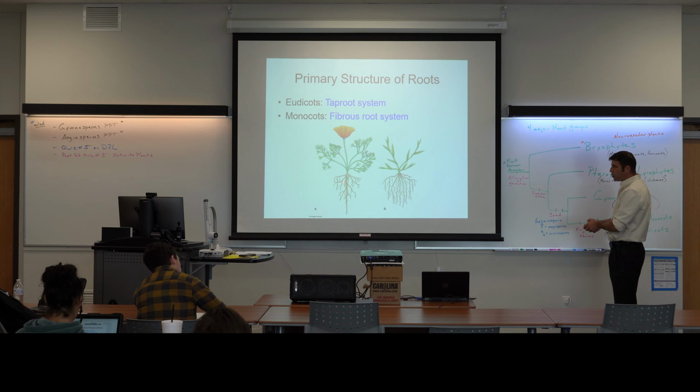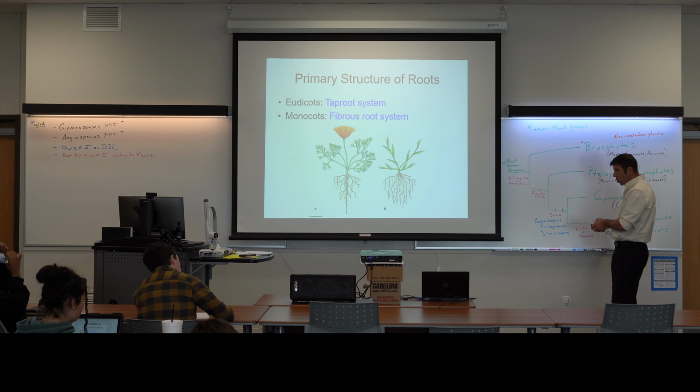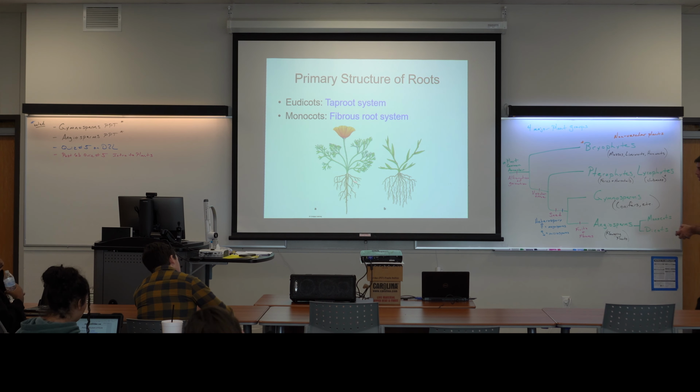So if we see a taproot system, we know right off the bat that it's a dicot. In the monocots, there is no main taproot. It's just a collection of individual roots. This is what's called the fibrous root system. There's no main taproot. Monocots all have a fibrous root system. Dicots are all going to have a taproot.